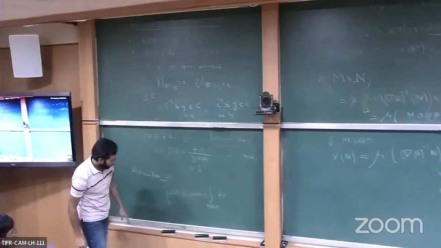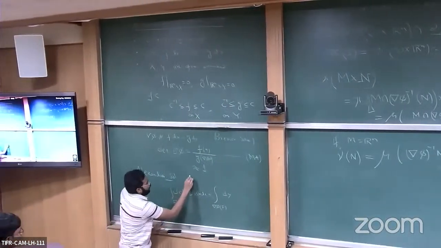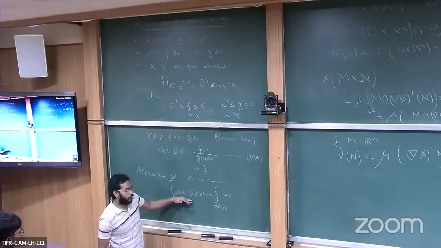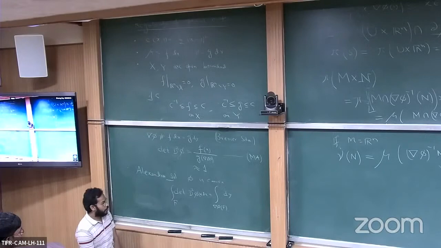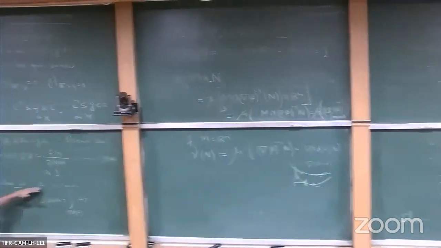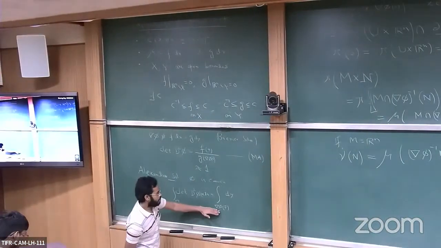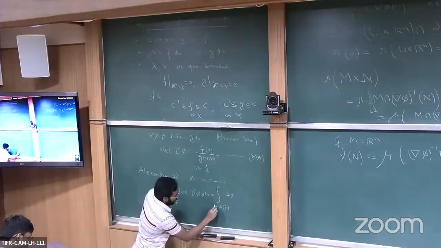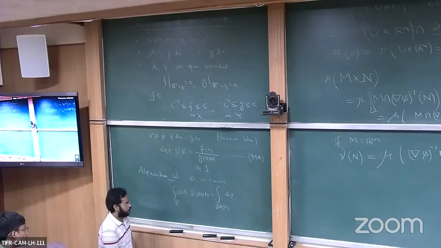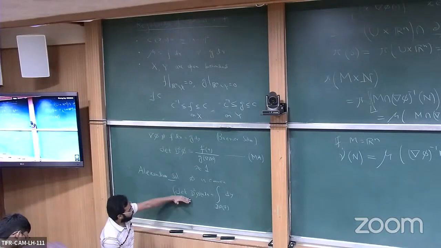Of course, here I'm assuming phi is convex, so that the Jacobian has a sign. Phi may not be smooth, so the Jacobian has to be replaced by the subdifferential.